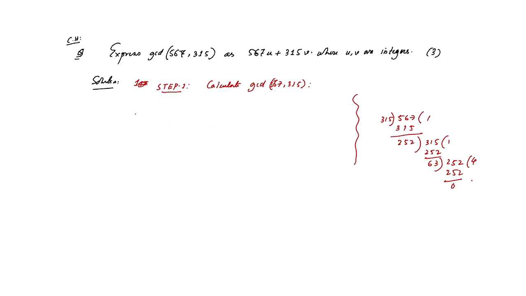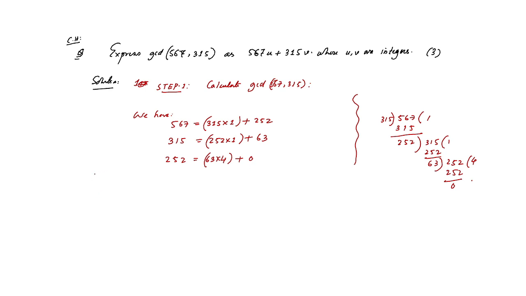We calculate. Say we have 567. This is equal to 315 multiplied by 1 plus 252, and 315 is 252 multiplied by 1 plus 63, and 252 is 63 multiplied by 4 plus 0.